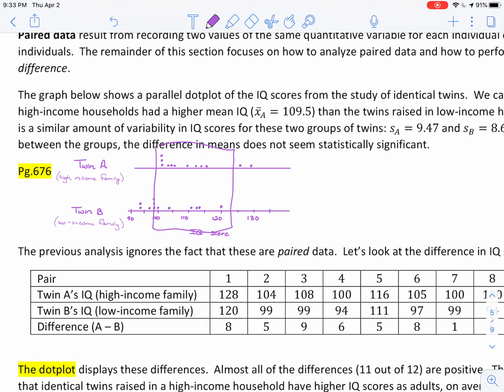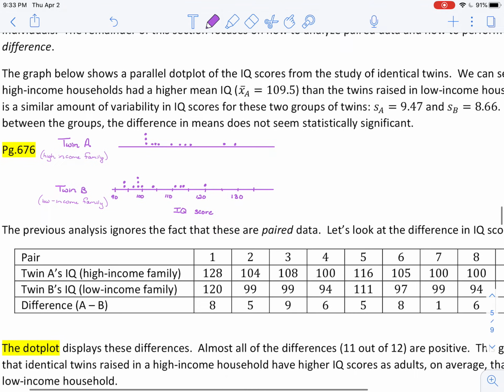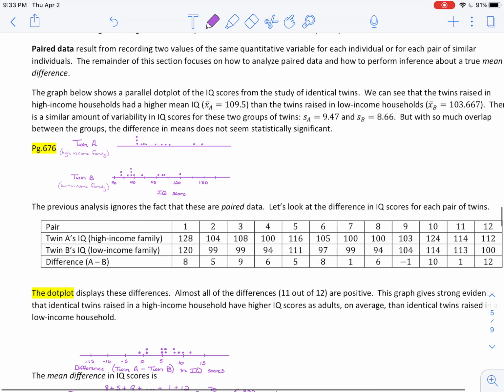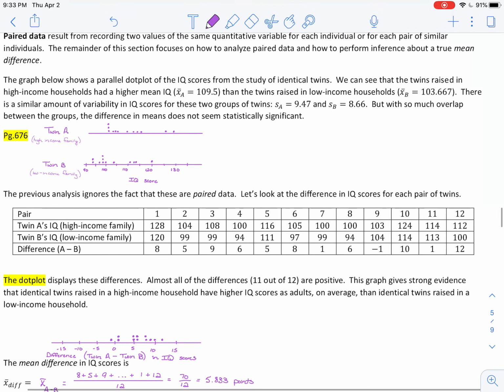So the difference doesn't seem statistically significant because for a huge chunk of them, they're living in the same zone anyway. Yeah, this has a couple dots outside of that and a couple dots outside, but the overlap seems concerning. Just looking at the parallel dot plots ignores the fact that these are paired and not independent.